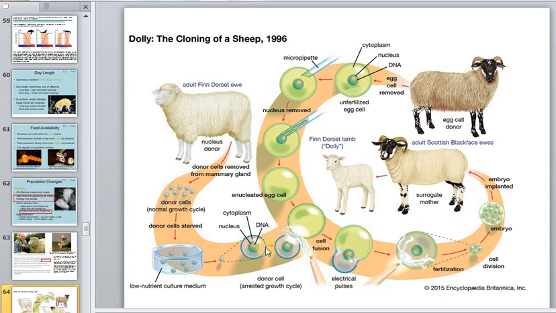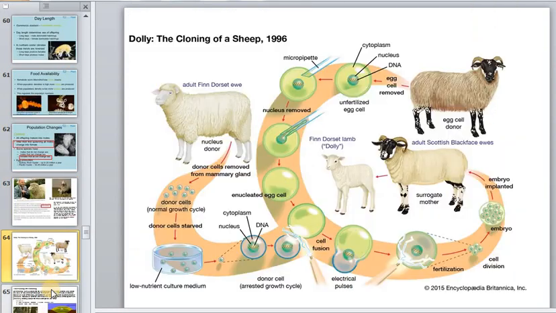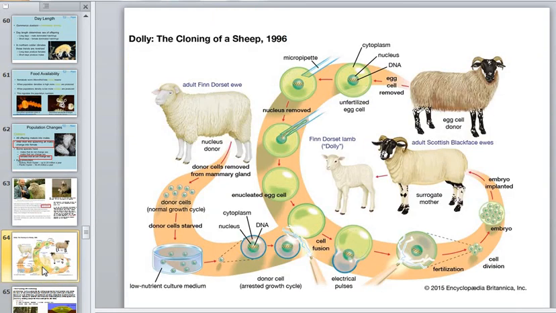Well, we continue. I just said that all the sisters, not brothers, are females, and that's why this way is like parthenogenesis, but it's not the same, though it is a way we can use for reproduction. The egg cell donor was a female, of course.